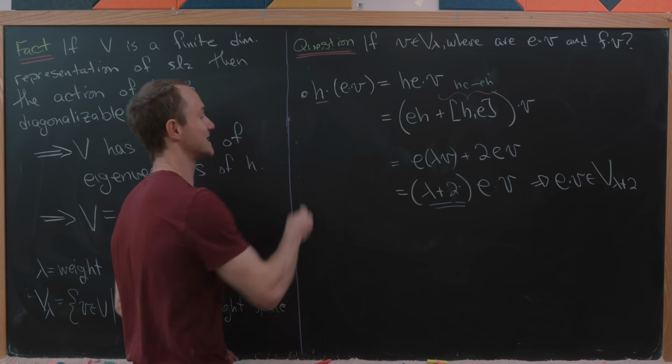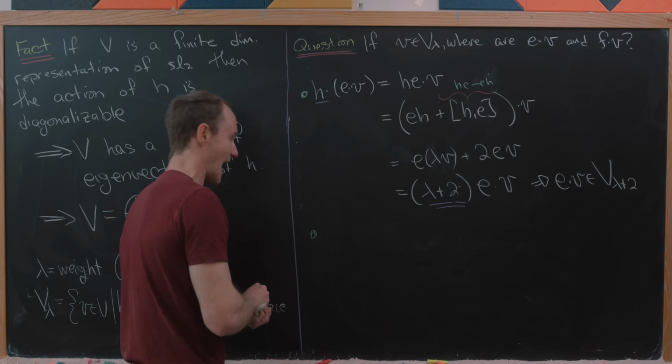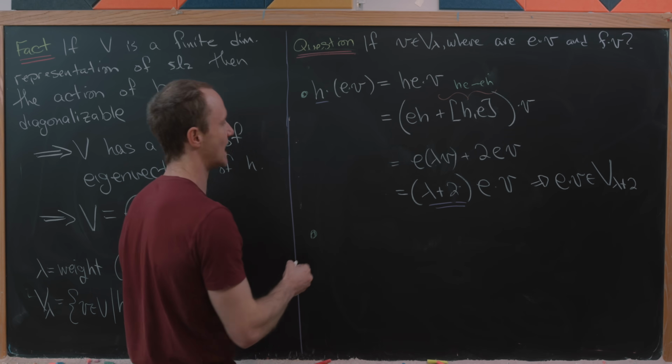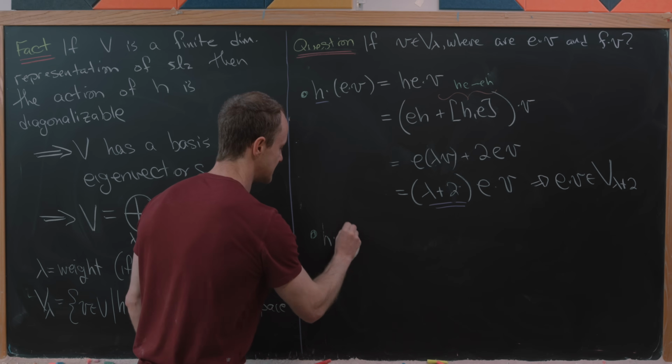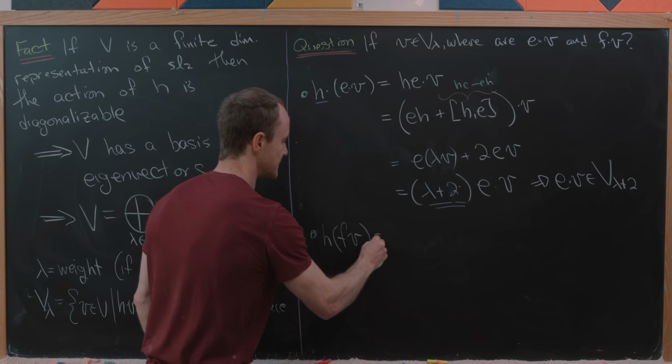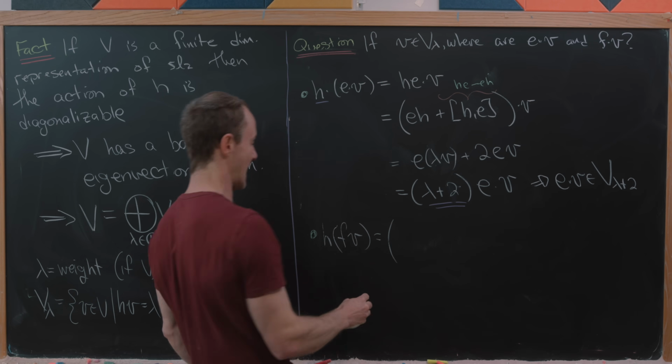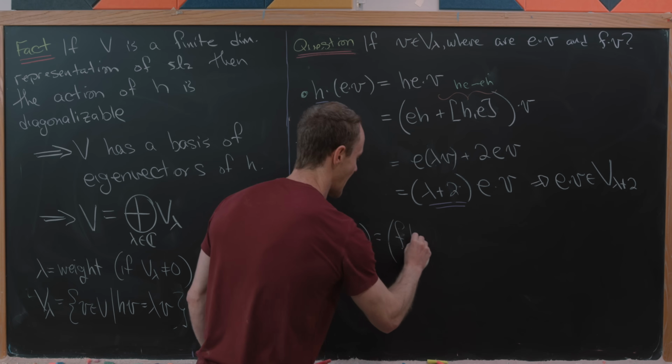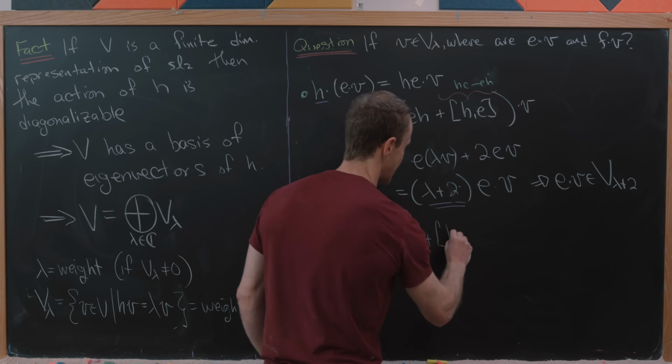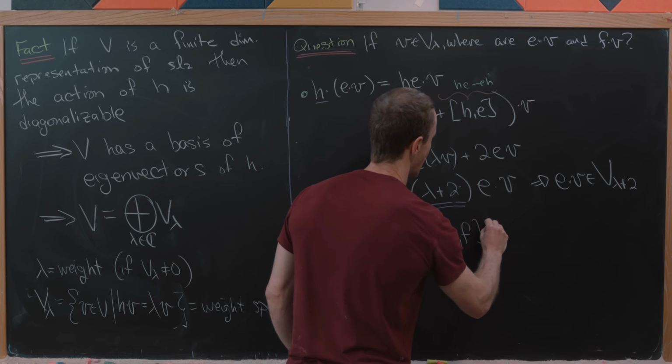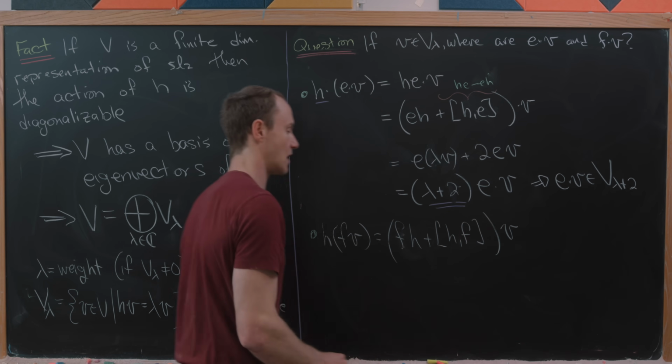And now we can play the same game to see where Fv is. So we can do H acting on Fv. That's going to be the same thing as FH plus the bracket of H with F, and then that's acting on v.